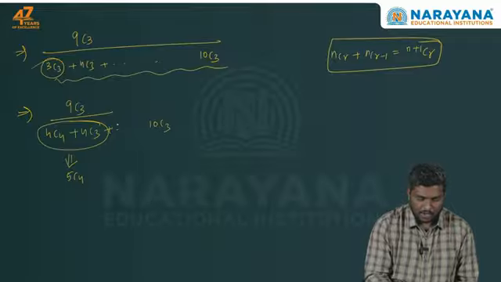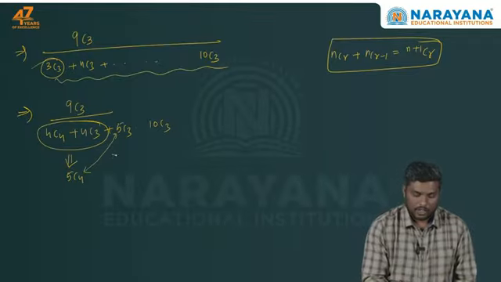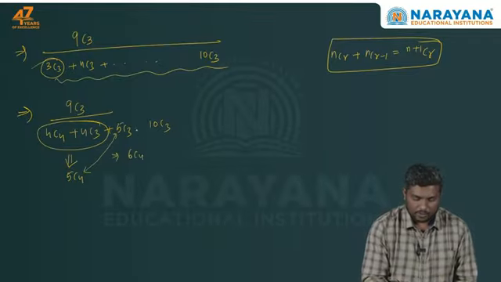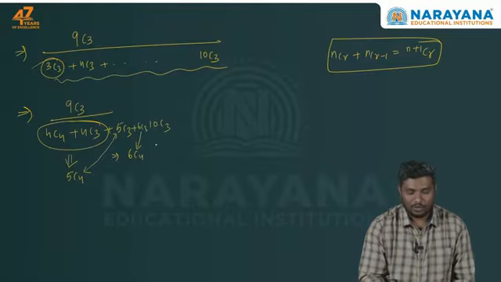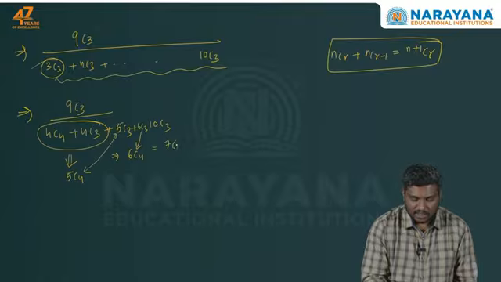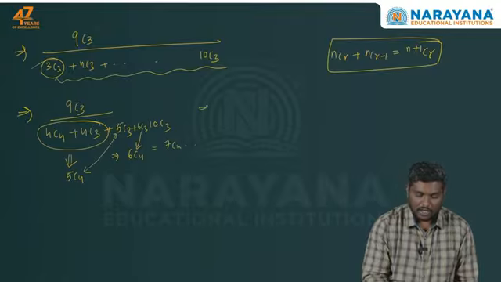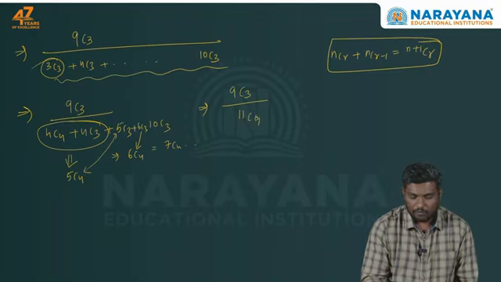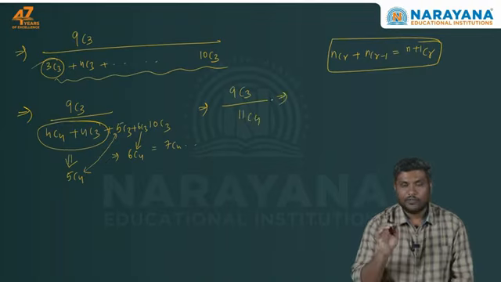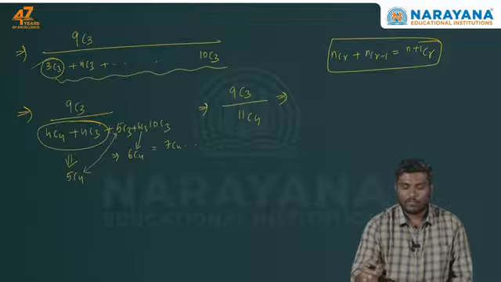And what do we have here? 5C3. Once again, 5C4 plus 5C3 will give us 6C4. And once again I have 6C3. 6C3 plus 6C4 is equal to 7C4, and so on. It will end up giving 9C3 by 11C4. If you get hold of that formula, you can easily solve this question.